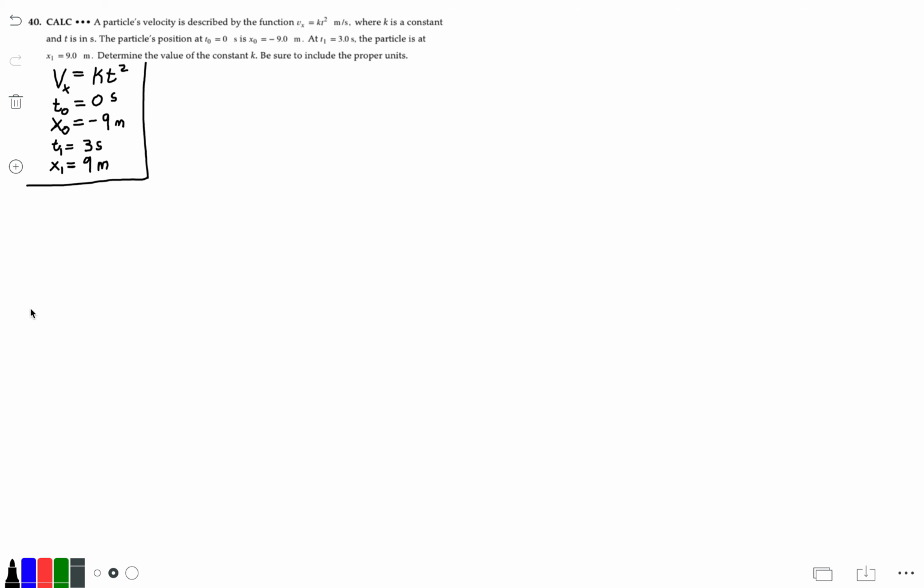So a helpful relationship between these three variables is going to be the position equals the integral of velocity with respect to time.